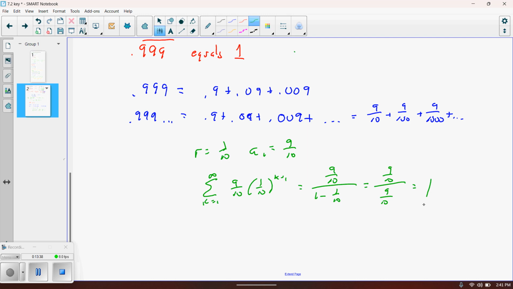So again, it's not exactly something that's intuitive to a lot of people, but it does show that the infinite number of 0.999s, in other words, 0.999 repeating forever, is actually 1. Okay, the sum of all those different terms has to add up to 1.